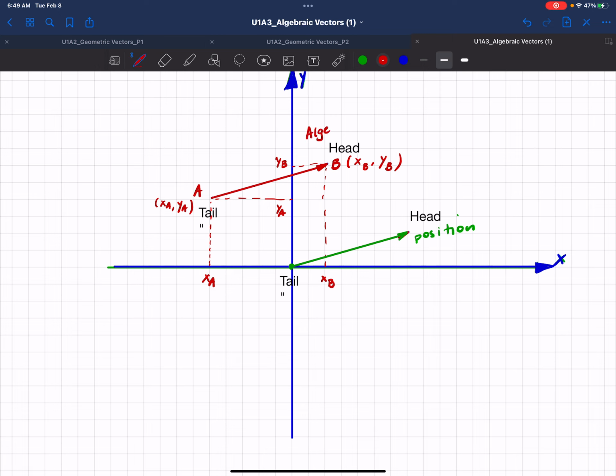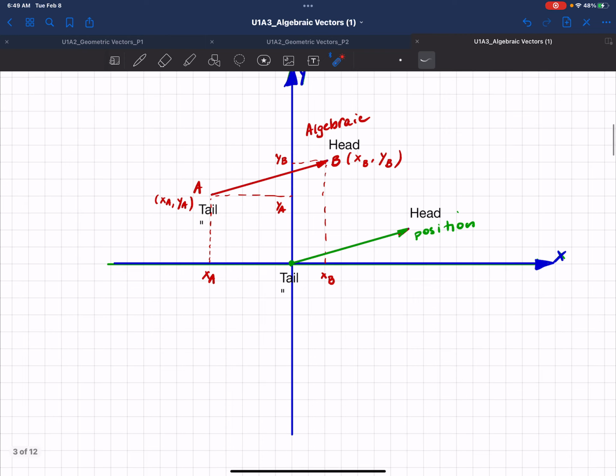So remember that a position vector is basically an algebraic vector placed with the tail at the origin, but an algebraic vector is not necessarily a position vector, right? So it only has one name. However, it is worth mentioning that every algebraic vector has a respective position vector.